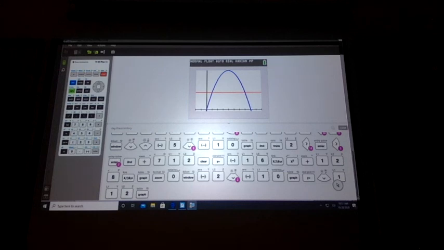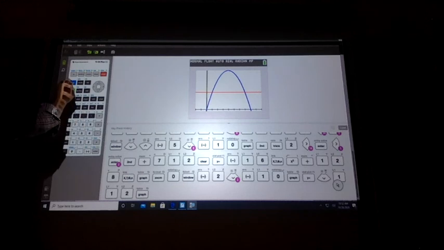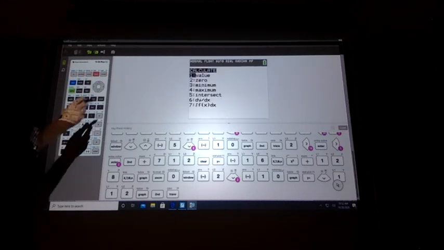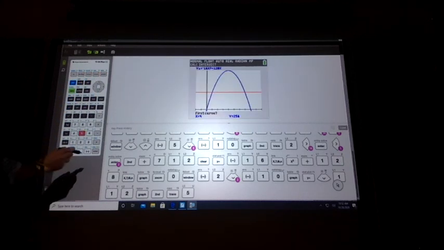So the blue and the red graph are two graphs. If I find the intersect of the two graphs, that'll tell me the time that it happened to be 112 feet off the ground. So I'm going to go to second, calculate. I want to find an intersect.